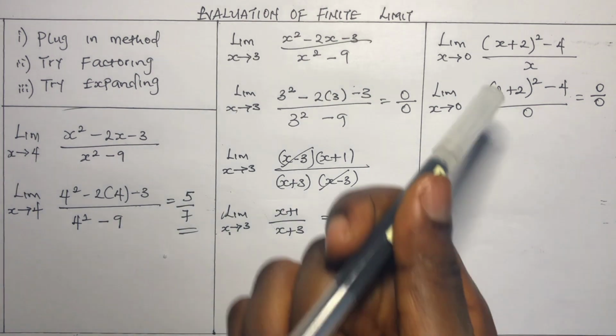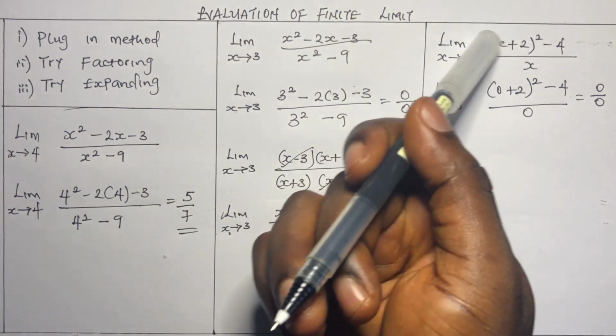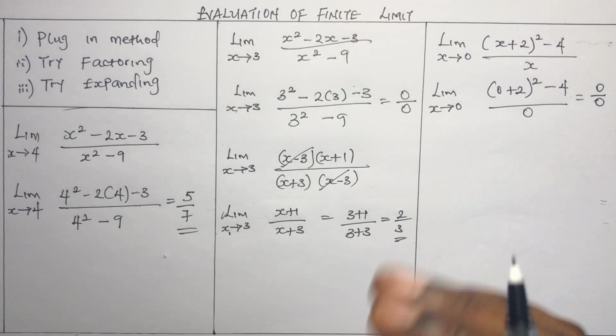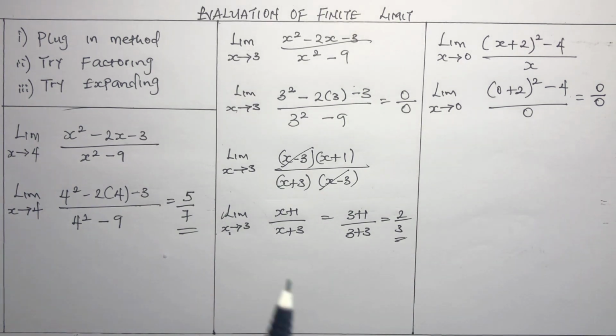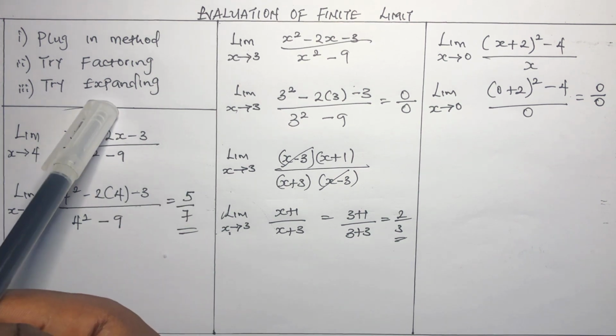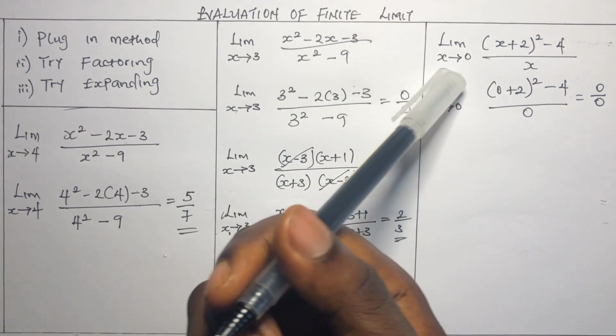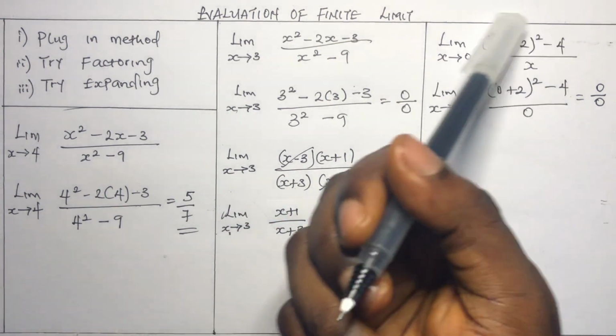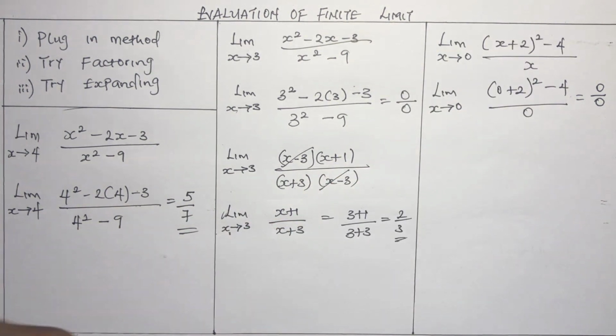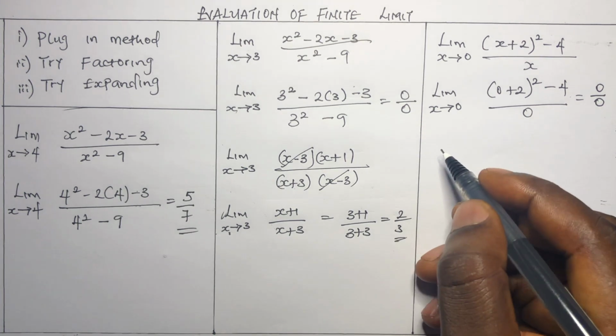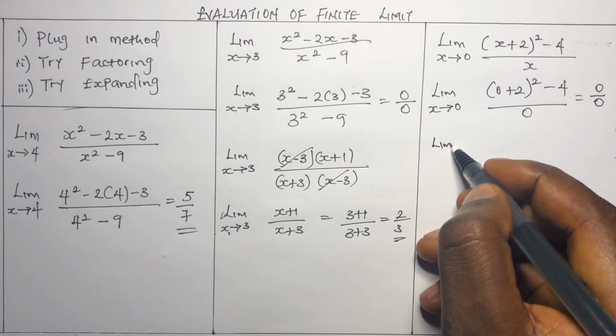Now we need to expand what we have in this parenthesis to make the work simpler, or even see if we can cancel our common factors, right? And that is where the expansion method comes into play, right? So when we expand (x plus 2) all squared, we will obtain a quadratic expression.